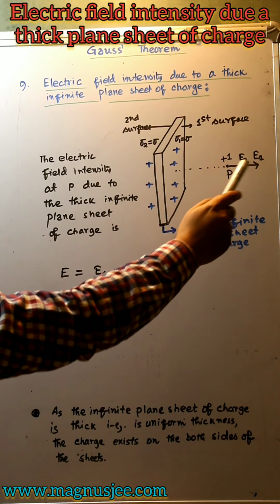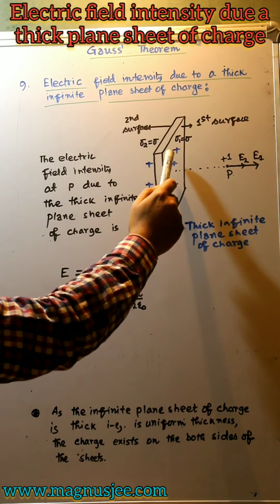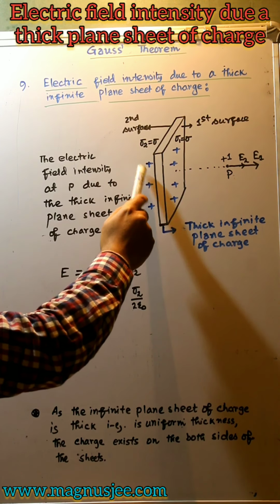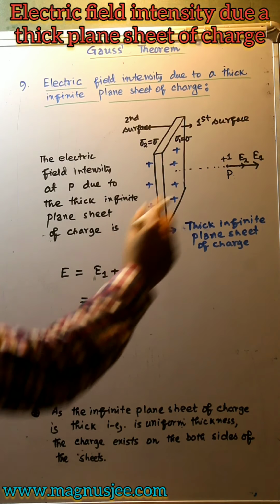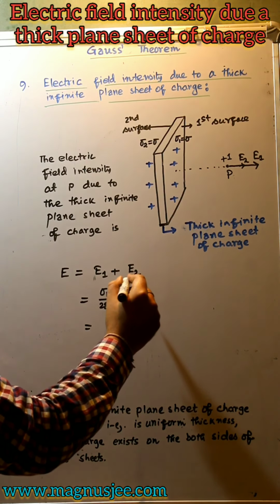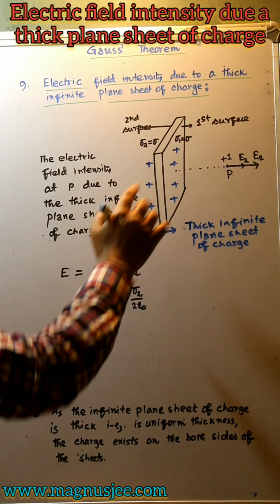Here E1 is the field intensity at P due to the charge on the first surface of the thick plane sheet of charge, and E2 is the field intensity at P due to the charge on the second surface of this thick infinite plane sheet of charge. They are acting in the same direction, that's why they are added. And the two surfaces have the same type of charges, positive charges.